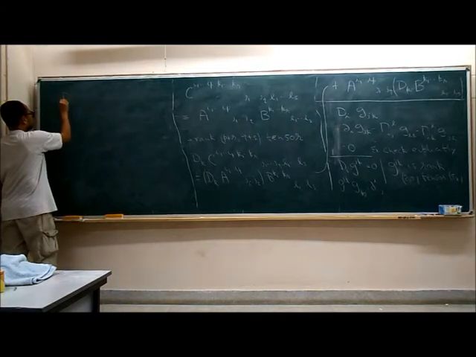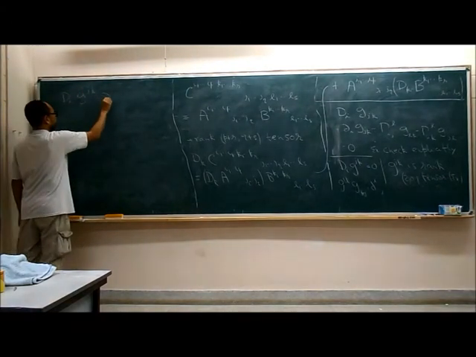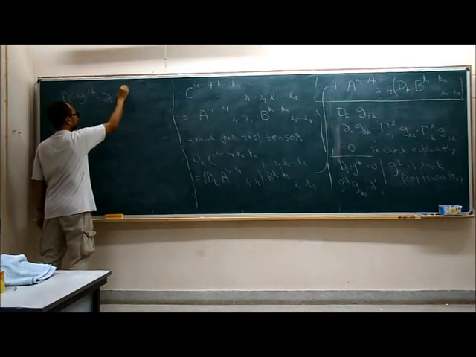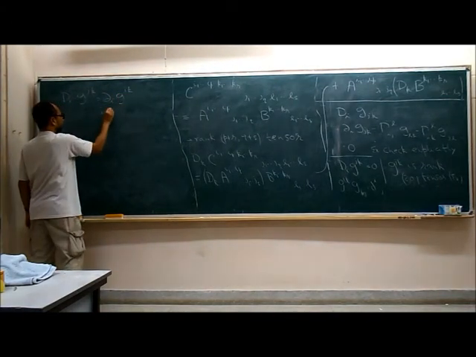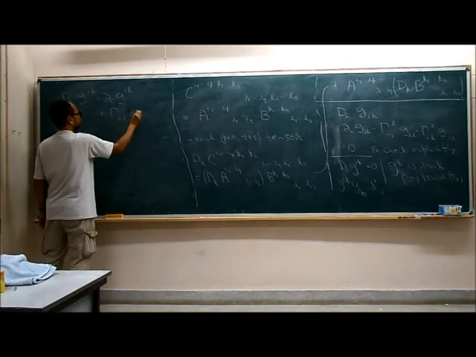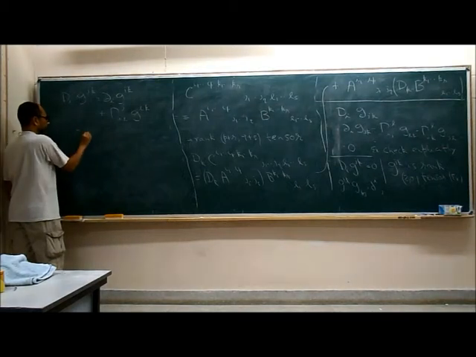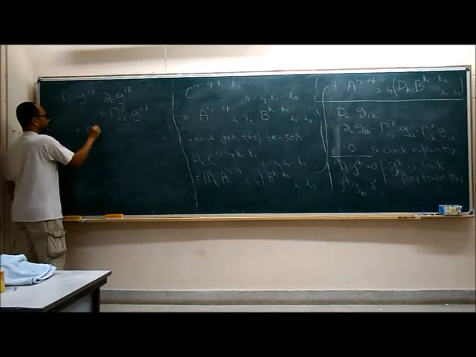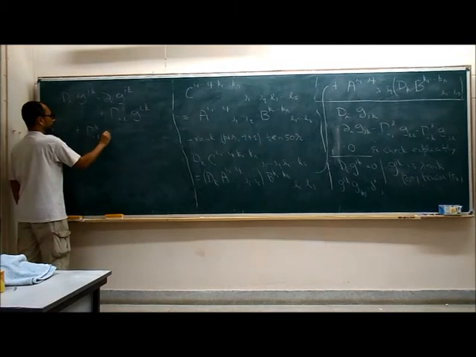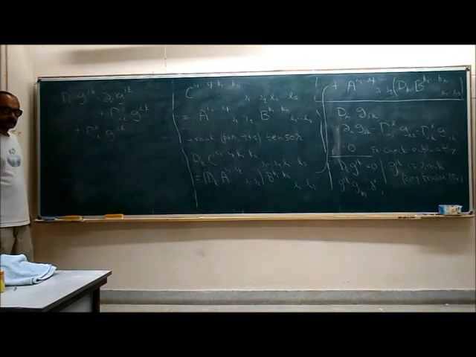The covariant derivative of g_jk: let's write it out. It is the ordinary derivative del_i g_jk plus gamma^l_{ji} g_lk plus gamma^l_{ki} g_jl.